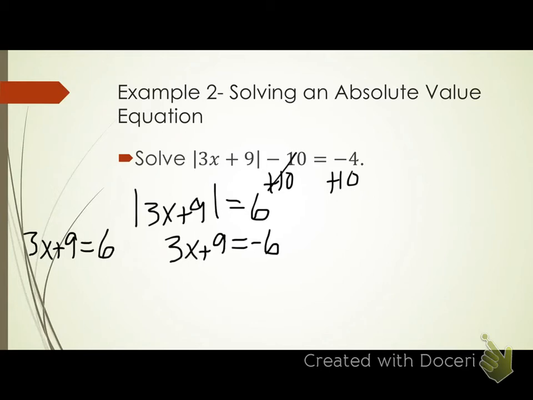Okay, what's my first step on both equations to get x by itself? Subtract 9 from both sides. So for the first one, what's 6 minus 9? -3. For the second one, what's -6 minus 9? -15. Any questions with what I've done so far? We all understanding? Last step on both equations.